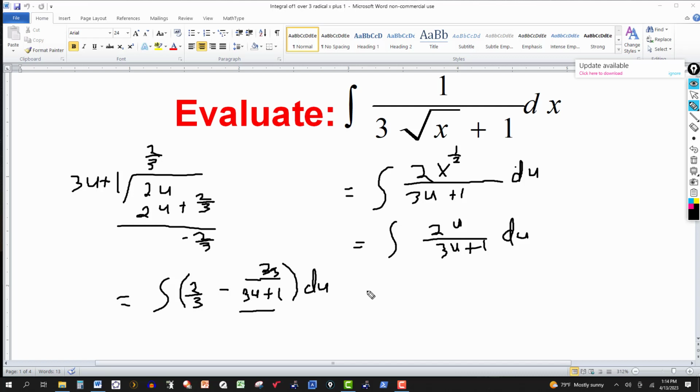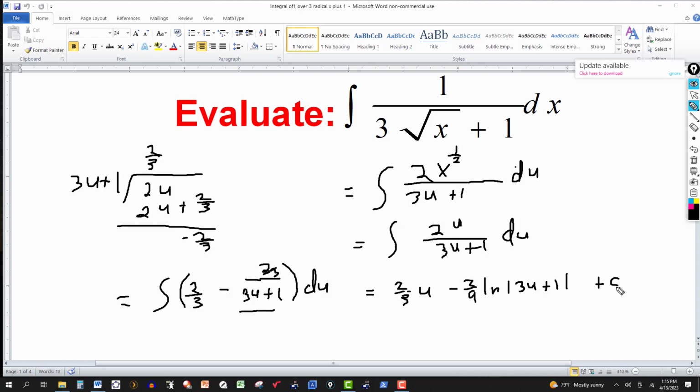So the integral of 2/3 with respect to u would be 2/3 u. And for this one here, I still have the minus there, and this becomes a natural log. So the coefficient is 2/3, and then this extra factor of 3 when I introduce the other substitution, so this would be minus 2/9 times the absolute value of 3u plus 1. Plus the constant of integration.